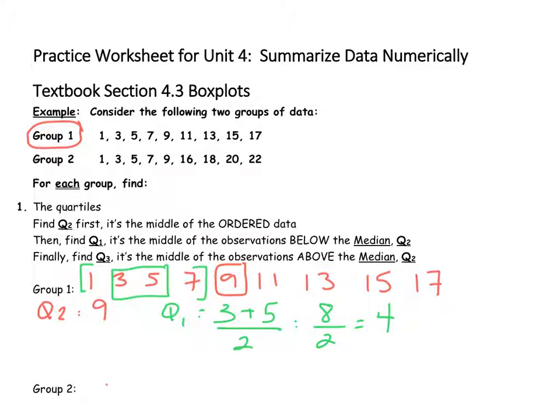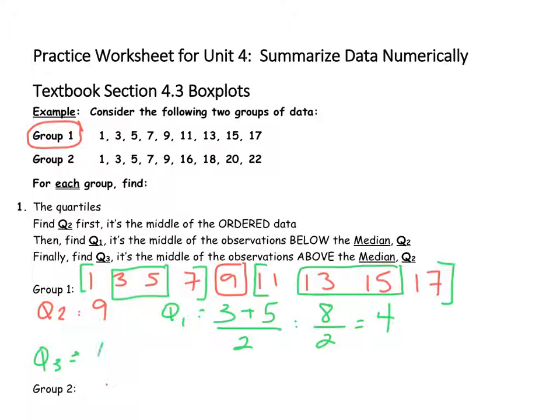I want to do the same thing now to find Quartile 3, but on the other side of 9. I want to look at the values that are larger than 9, that are above the median Quartile 2. They are 11, 13, 15, and 17. Well, 13 and 15 are the ones in the middle. There's again only 4 values, so there's no true middle. So Quartile 3 will be found in the same way that I found Quartile 1.